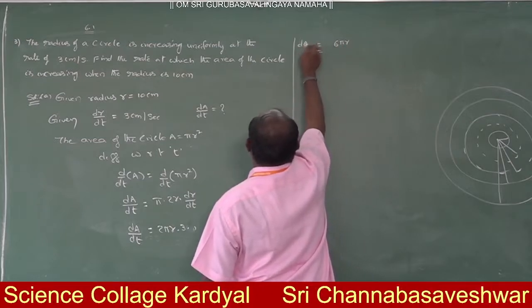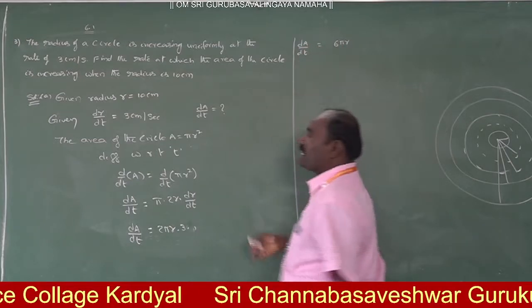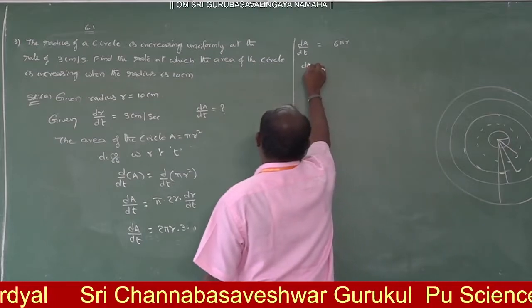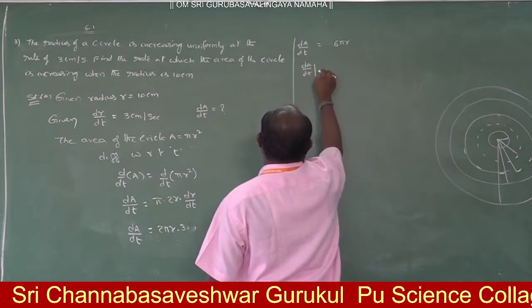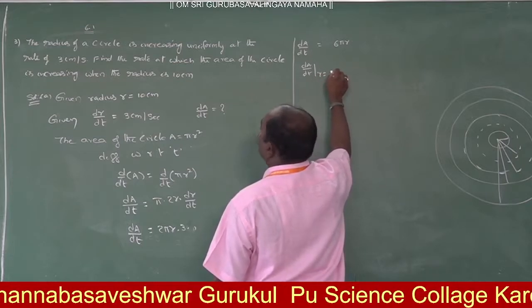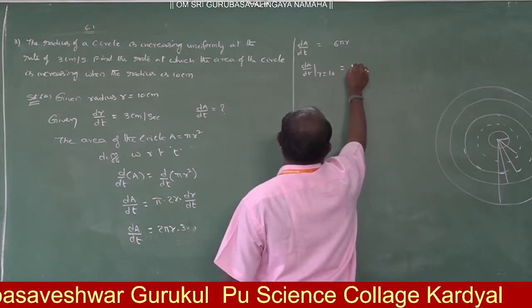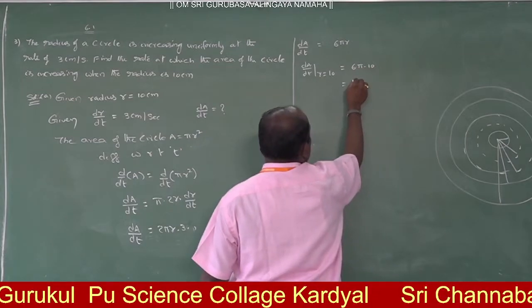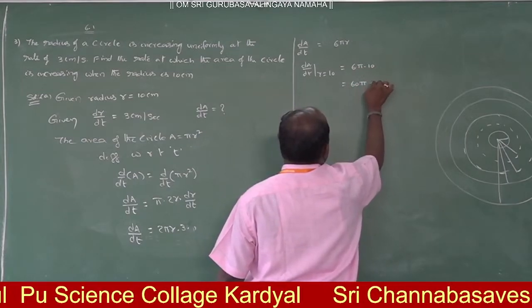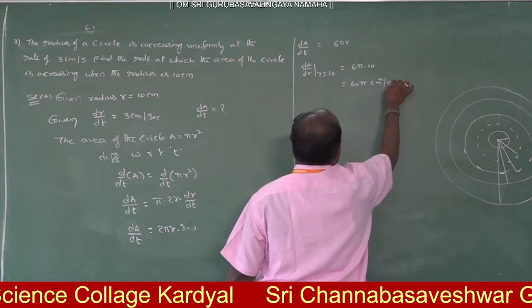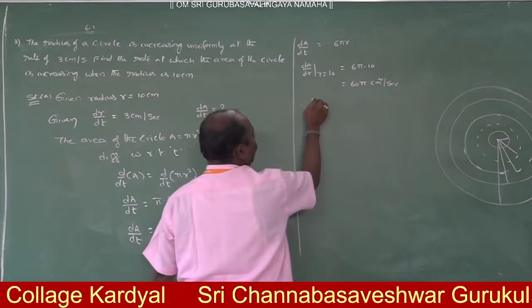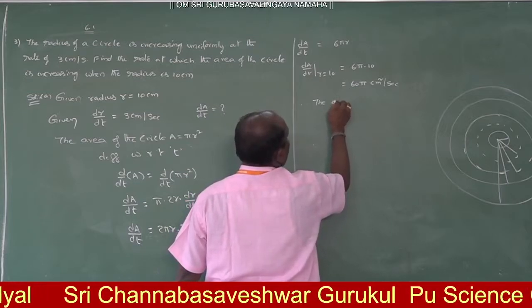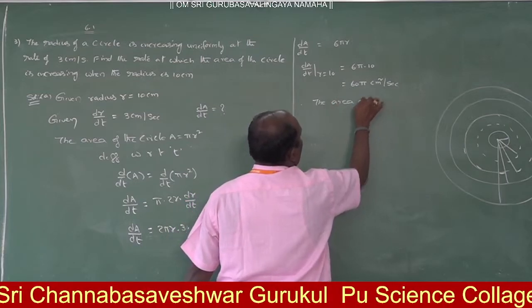This is dA by dt. What is the given r value? dA by dt at r equal to 10 centimeters equal to 6 pi into 10, this value equal to 60 pi centimeter square per second.